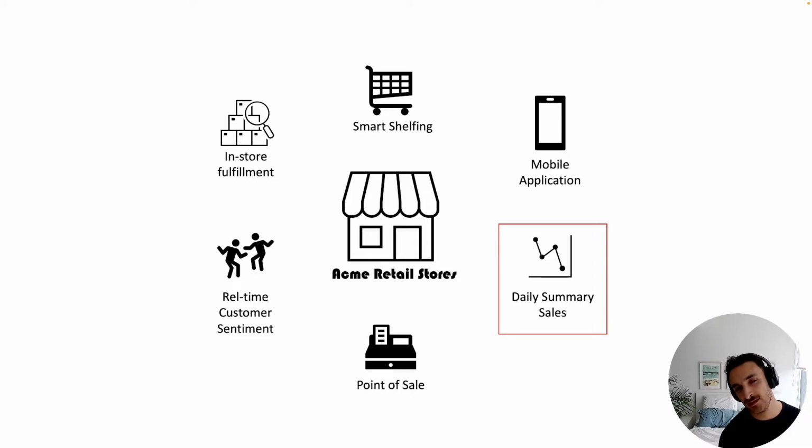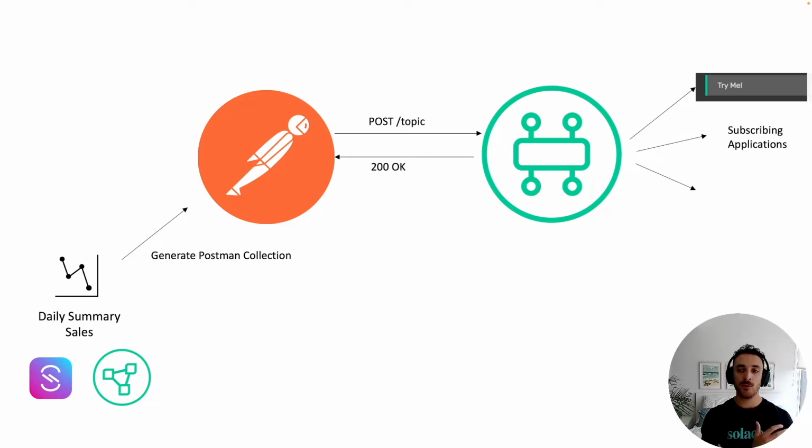So remember our Acme Retail stores example from before, where there are a couple of different applications involved. I will be using the daily summary stores microservice to demo this end-to-end interaction. We have the daily summary sales application that I showed you in Event Portal, and we're able to download the AsyncAPI specification for it.